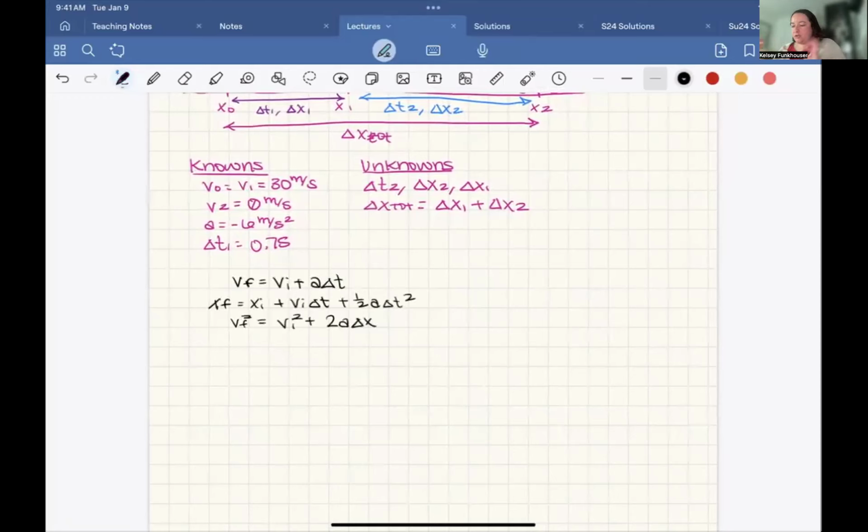So we're going to start with the initial displacement, displacement 1. What color was that? Purple. So we will go through the equation for that specifically.